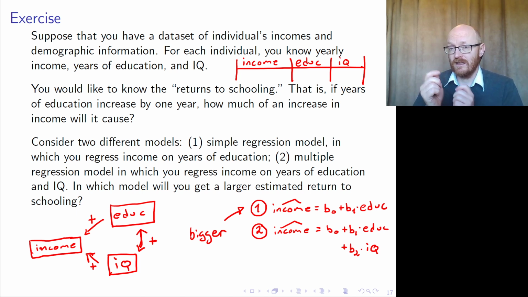And since there's a positive correlation between education and IQ, we assume that, then B1 will be bigger. Okay?